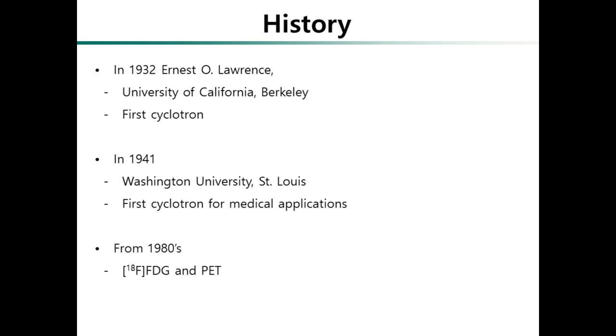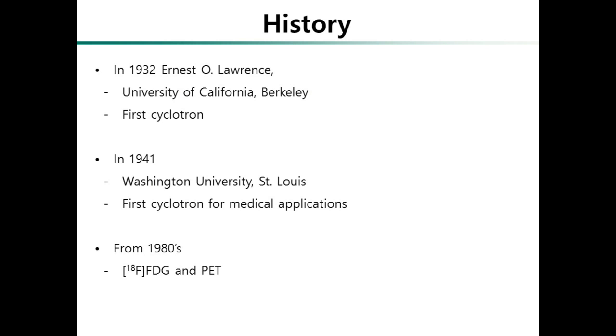They possessed the first cyclotron in the world for the purpose of medical use. After that, many radiochemists worked in WashU. In the case of Korea, we have several professors from WashU.